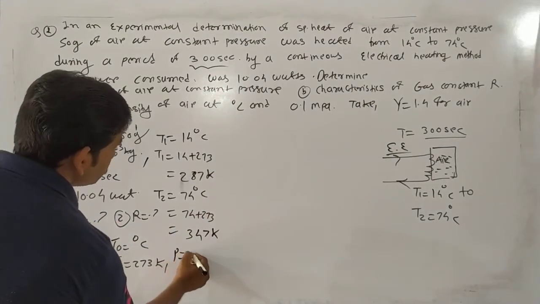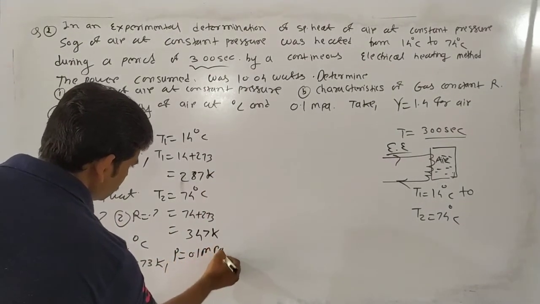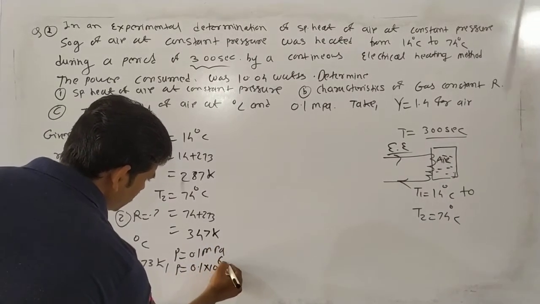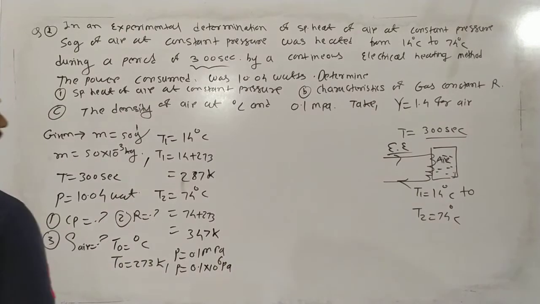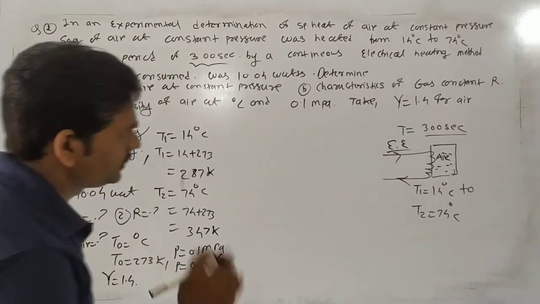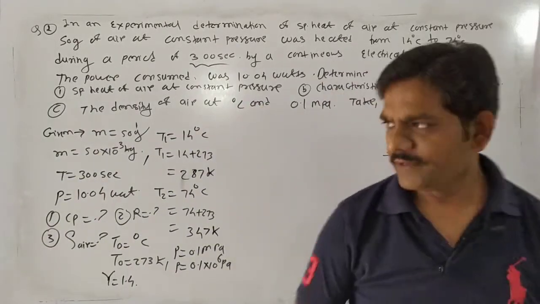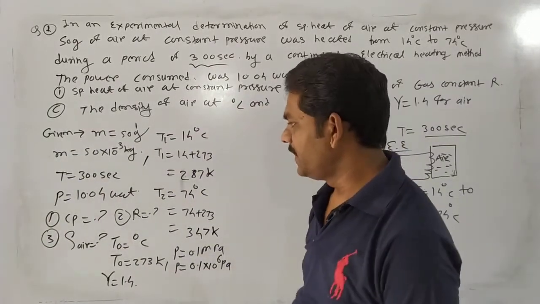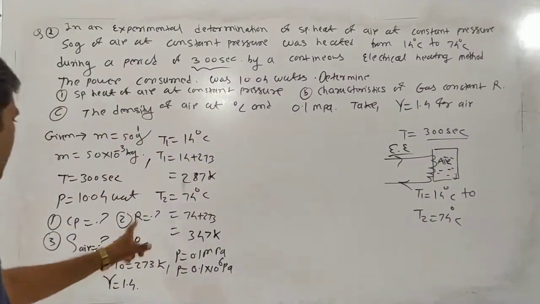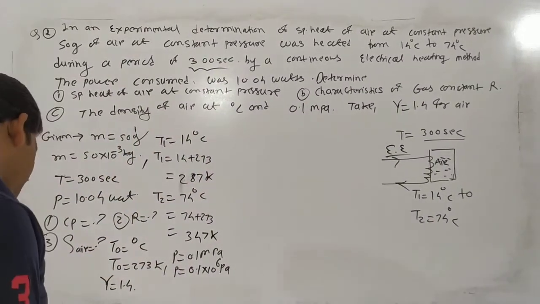The pressure is 0.1 megapascal. So in Pascal, 0.1 into 10 to the power 6 pascals. The value of gamma is given here, it is 1.4. So this is the basic data given, right? So we start the problem and determine the value of the Cp, then R of air and density of air.